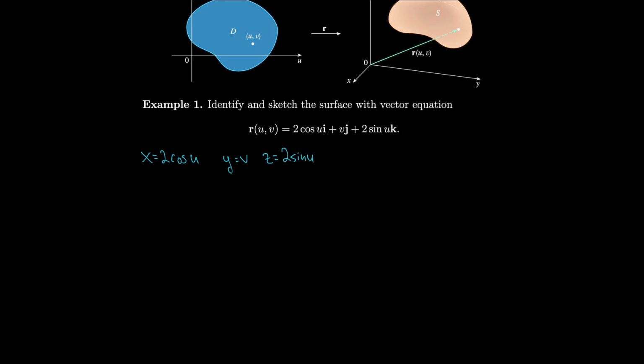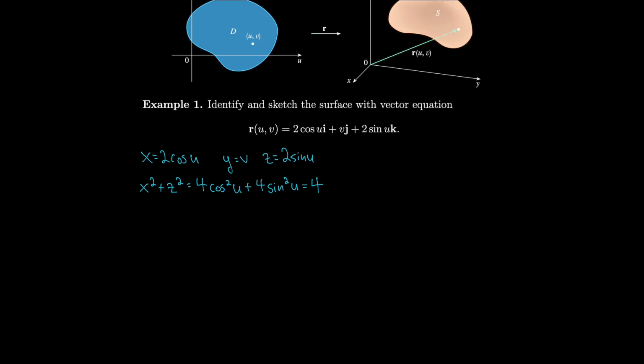Then notice if we take x squared and add it to z squared, we get 4 cos squared u plus 4 sin squared u. We factor out the 4, cosine squared plus sine squared is 1, and 1 times 4 is 4. So x squared plus z squared equals 4.